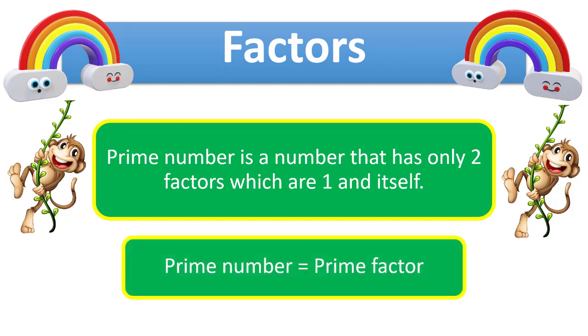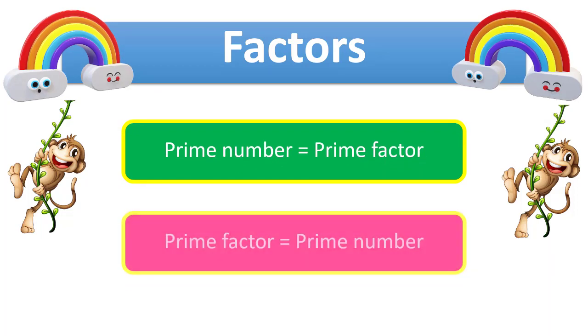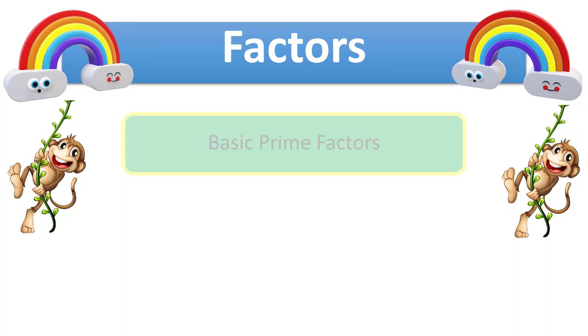A prime number is a prime factor. And a prime factor is a prime number. Tell me again please. A prime number is, and a prime factor is. Very good, students. Next.